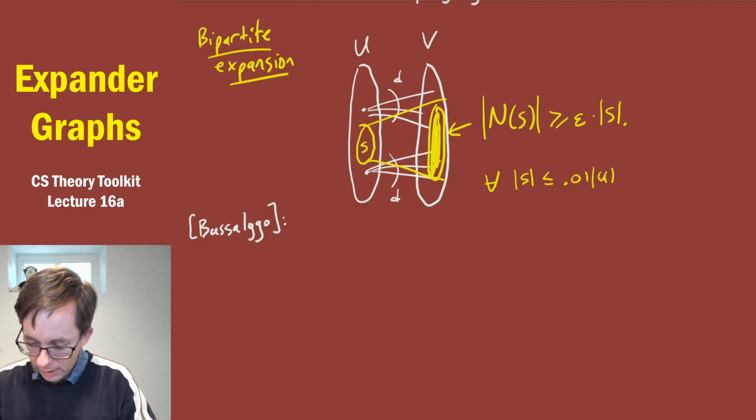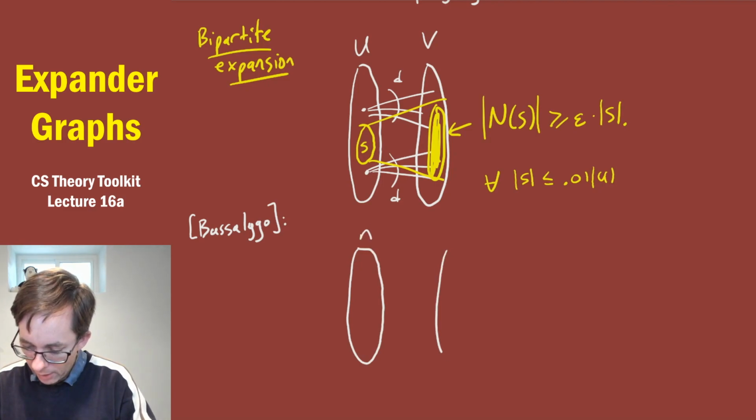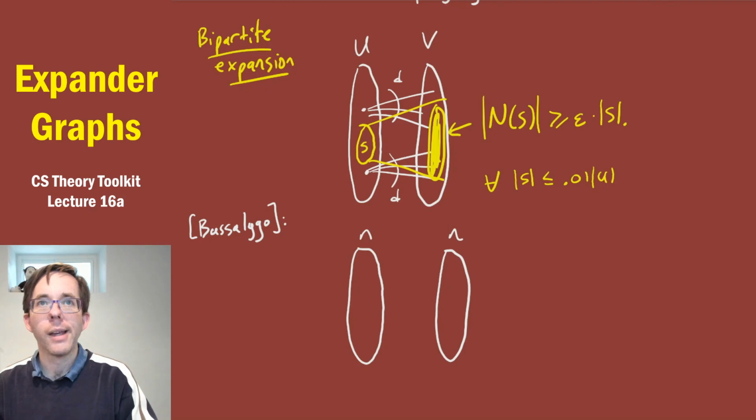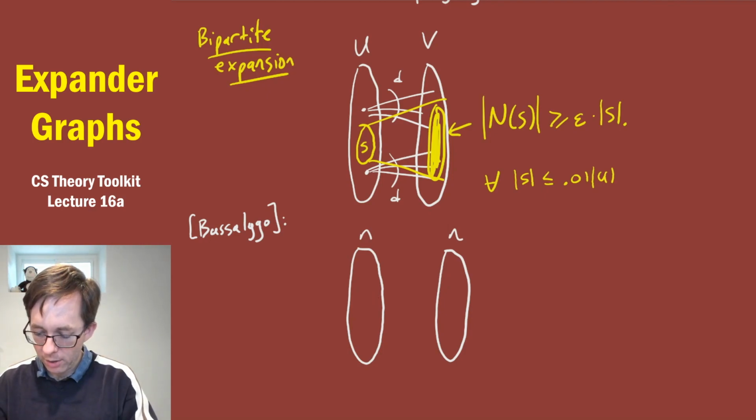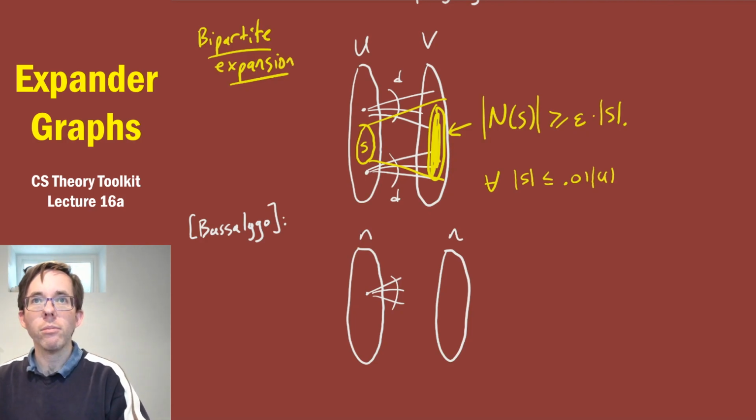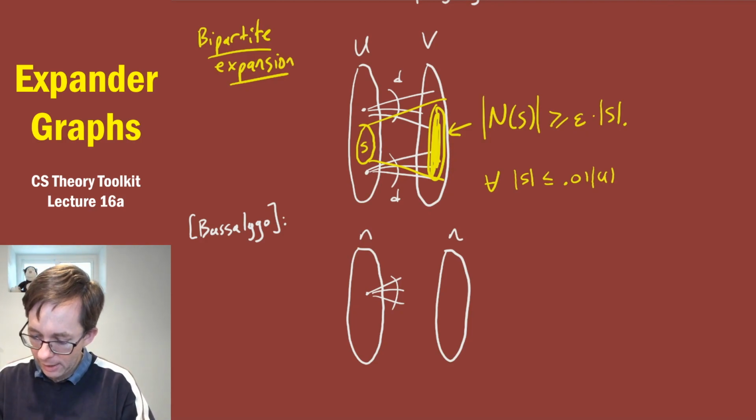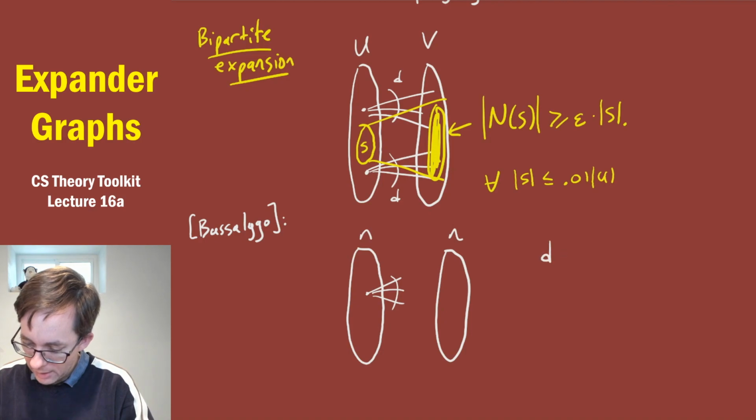So in the parameter setting there, we have n vertices here and n vertices here. And we're looking at expansion. We have a d-regular graph. We're looking at expansion from left to right. And we can fix any d to be at least 64.